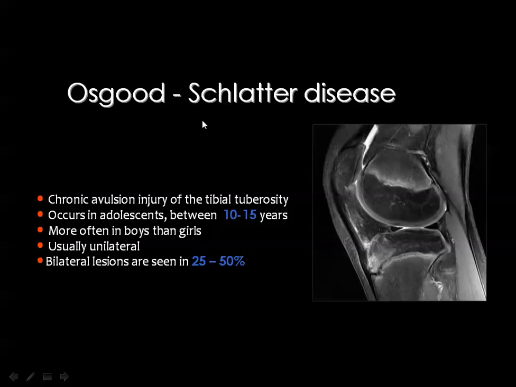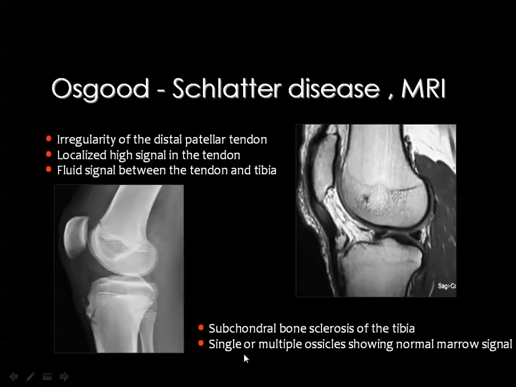You know that this disease is usually unilateral, but bilateral lesions can occur in 25 up to 50% of cases. These lesions are more common in boys than girls, and the most likely age incidence is around 10 to 15 years old. Then later MRI will show some changes seen in the plain X-ray.